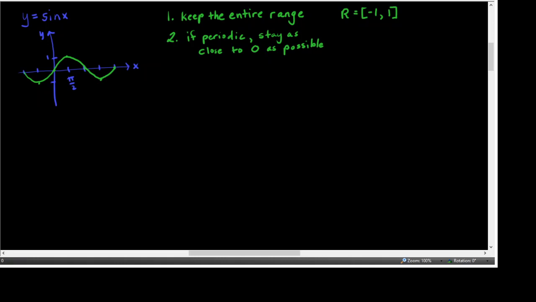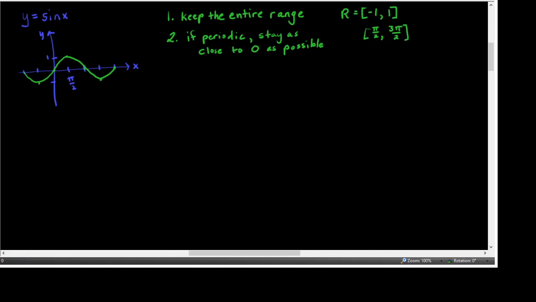So, although there are a lot of choices, you could, for example, decide to keep from pi over 2 to 3 pi over 2, and that has every y value from -1 to 1 in it. And what am I saying? I started writing the wrong thing. Pi over 2 to 3 pi over 2. And that would make number 1 true. We keep the entire range.